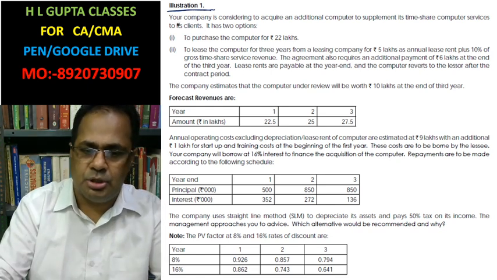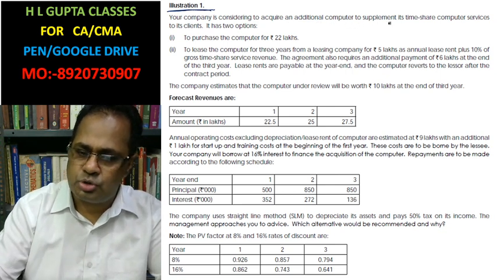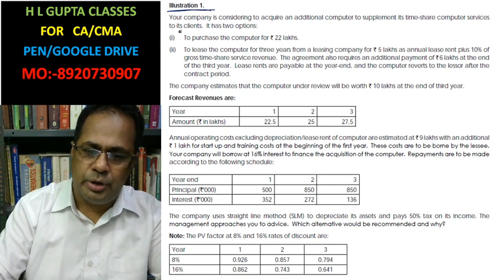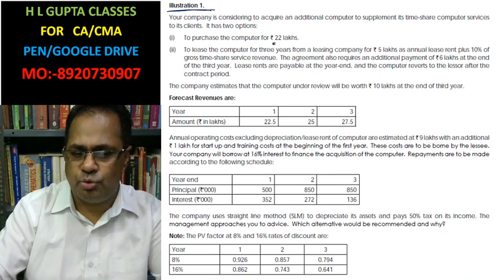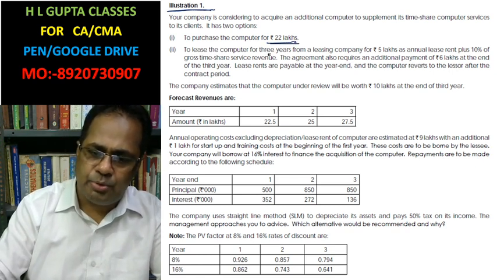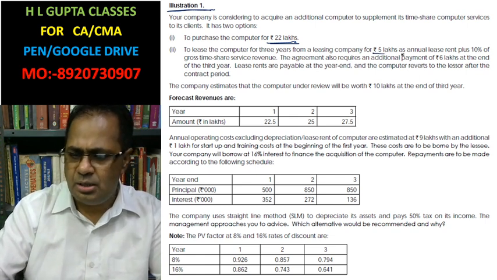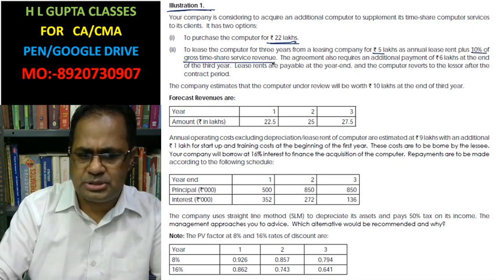Please read the question. Your company is considering acquiring an additional computer to supplement its timeshare computer services to its clients. It has two options: to purchase the computer for 22 lakhs, or to lease the computer for 3 years from the leasing company at 5 lakh as an annual lease rent plus 10% of the gross time service revenue.